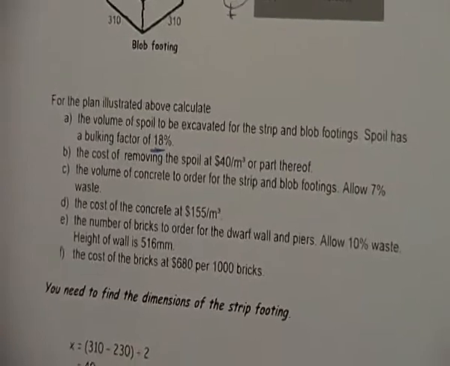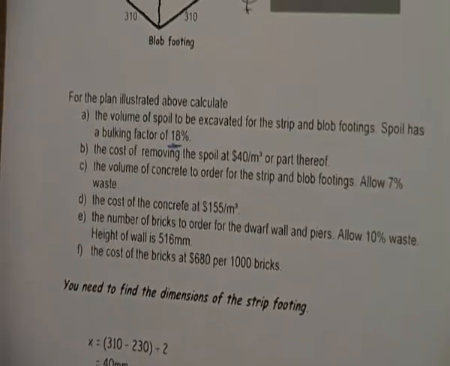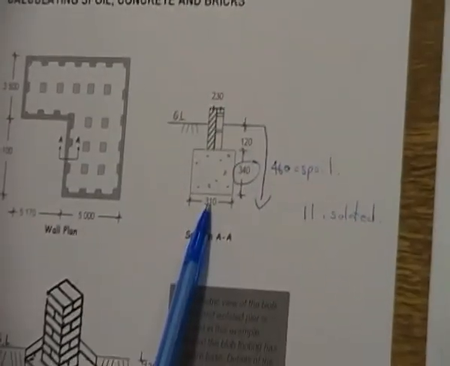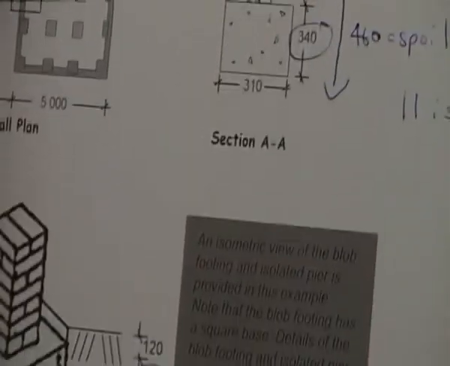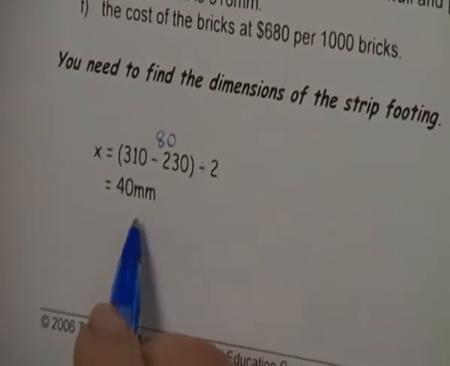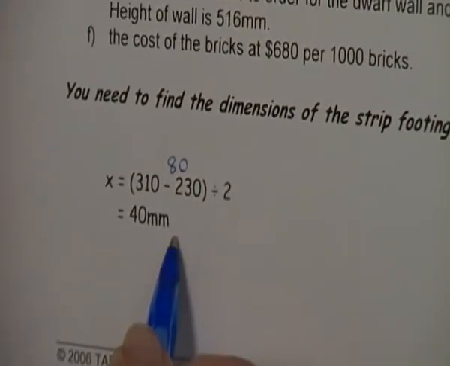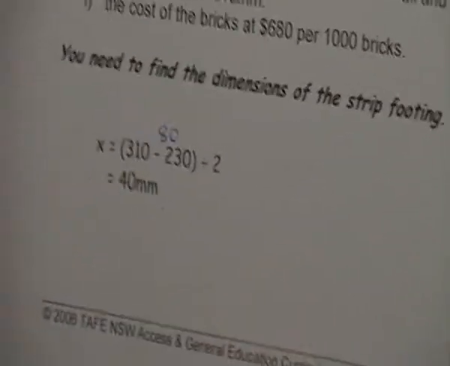So we go back to our rule for X factor, and it's going to be the width of the footing minus the 230 up here for the bricks, and that gives us 80, and we divide it by 2 will give us 40. So we have to add that to the dimensions of our brickwork.